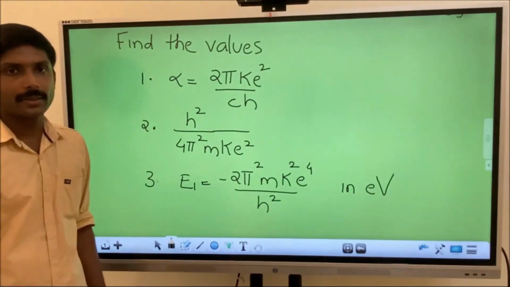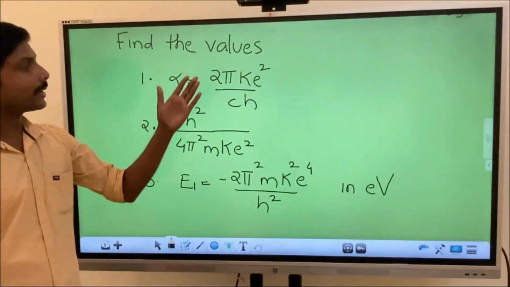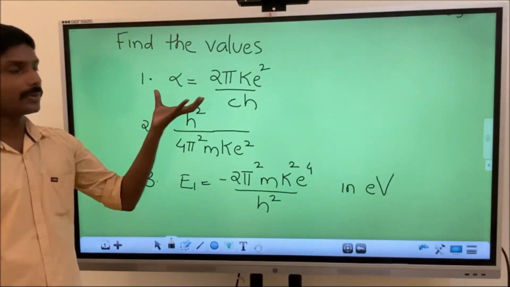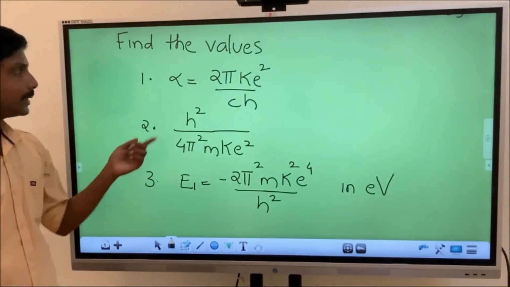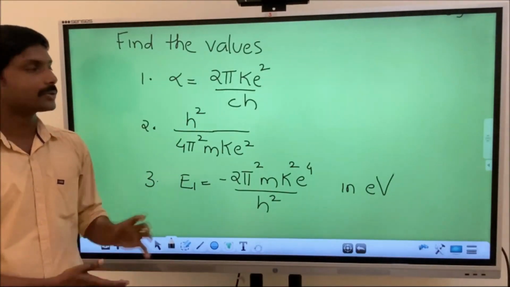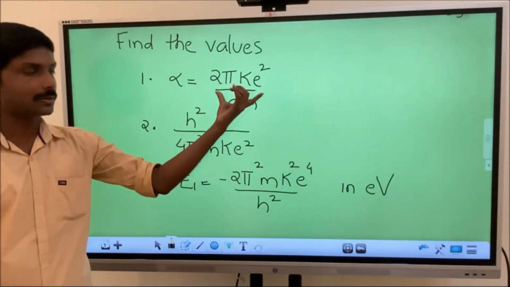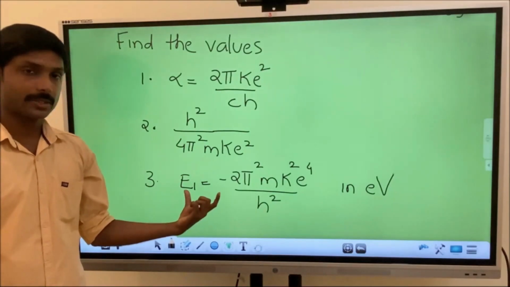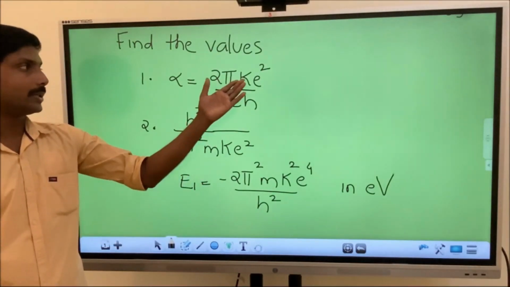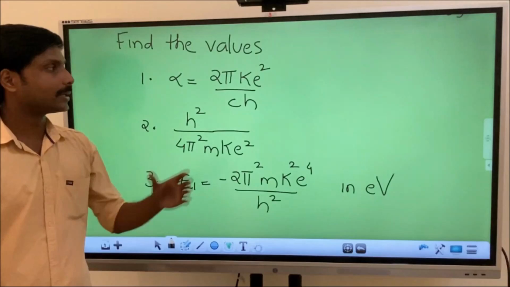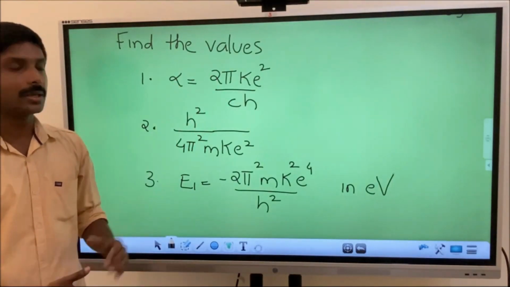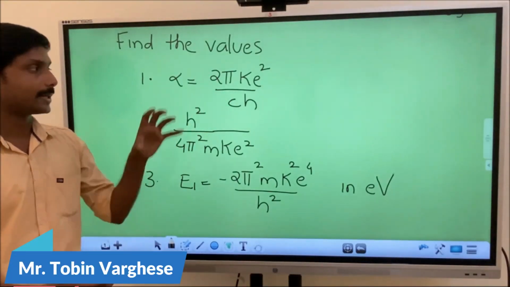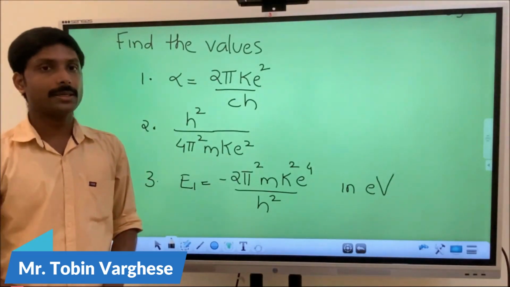So as an extended activity, you can find out the values for these terms 1, 2, 3. I have directly written the values of these terms, the fine structure constant and the value of R, the expression for energy. All these terms are constants, and hence we can substitute the values and find out if it is correct. It is to be done as a homework.